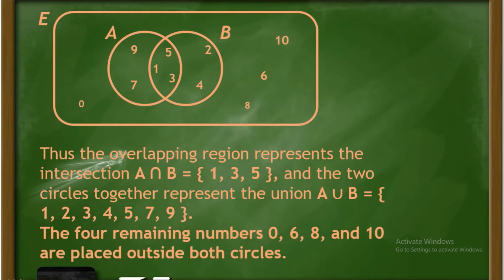So, that is the best way on how to get the value or the set for union and intersection.